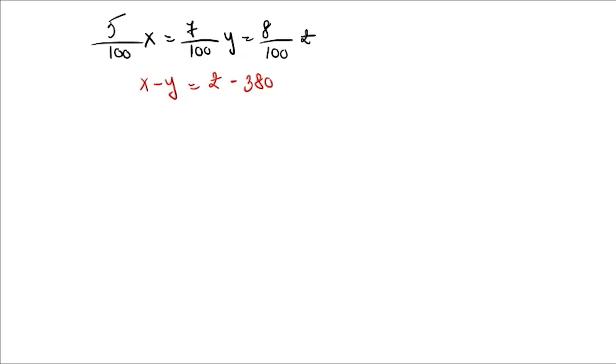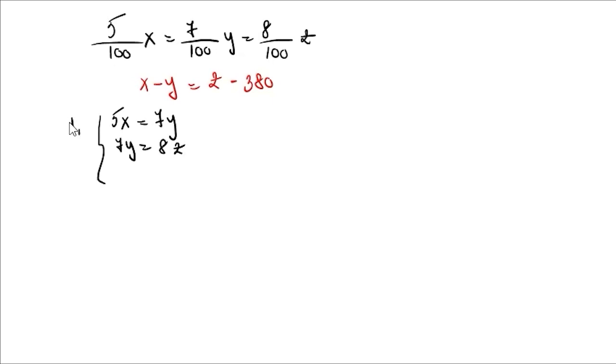First method is using an equation system. We have 5x equals 7y first. After that, 7y equals 8z.